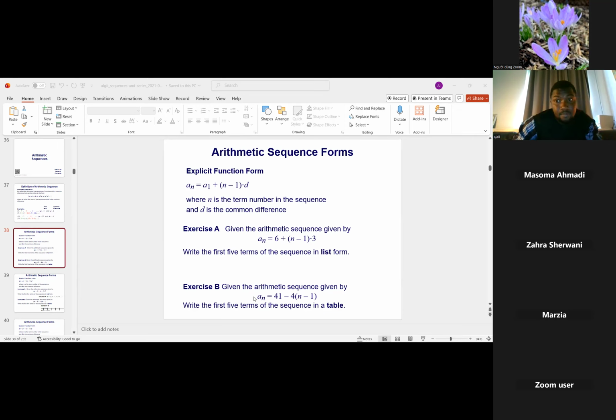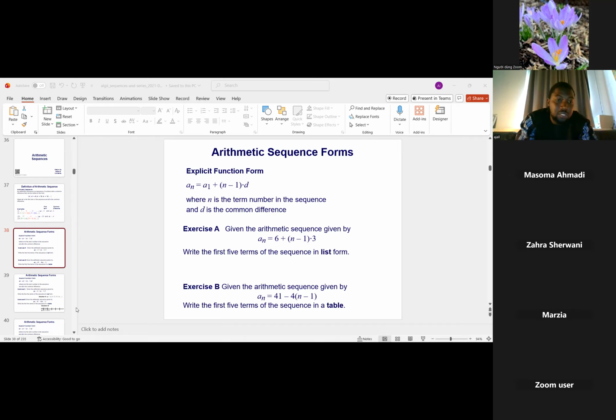A1 equals to, did you see it? Just note that always the first term is in the formula, representing A. In the first exercise, the first term is 6. Now, in the second exercise, the first term is 41.